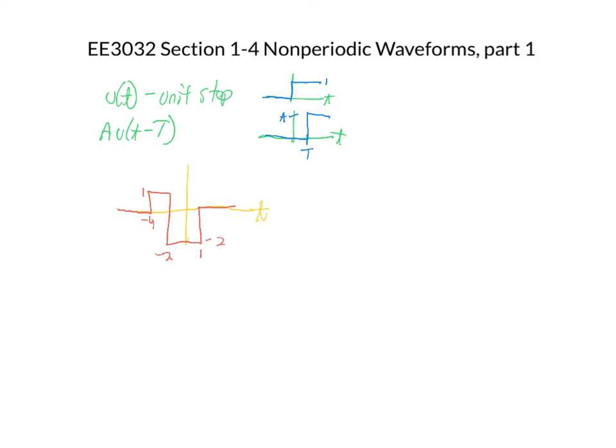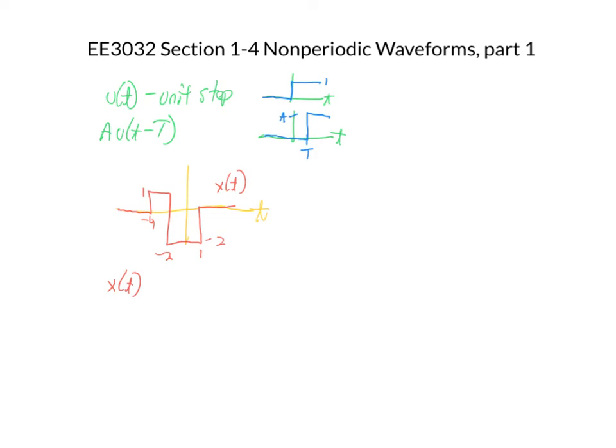So the process is to build the signal out of unit steps. So let's call this signal here x of t. If we start writing x of t, and focus on the first change the signal makes, we see it's 0 at negative time up till -4, just like the unit step is, and then it increases to 1 here at -4.